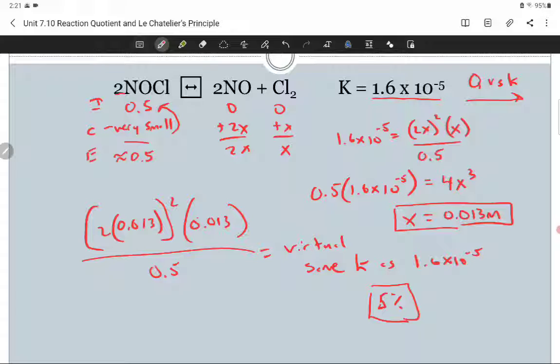And this is a way, because you're not going to be able to do the quadratic quickly enough to get through the questions we need to get through. So we're going to make that assumption many times. And the clue is that you often will be able to make that assumption if the K is very small. And 10 to the negative fifth is a small K value.